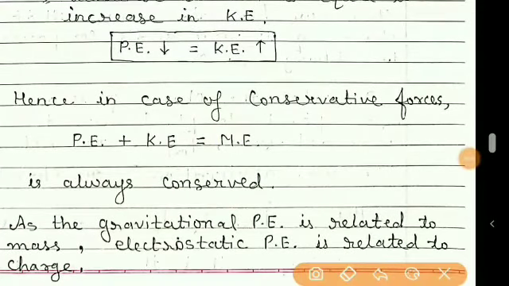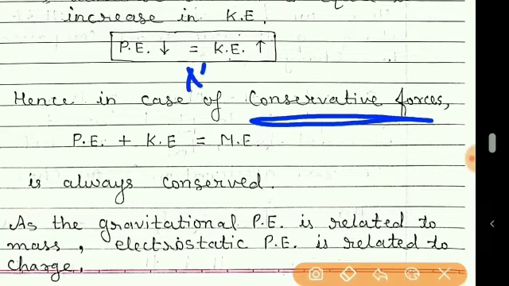Now students, one more question will arise in your mind, that if the gravitational force, electrostatic force and the force in a spring are conservative forces, then which are the non-conservative forces? I'll give you one example.